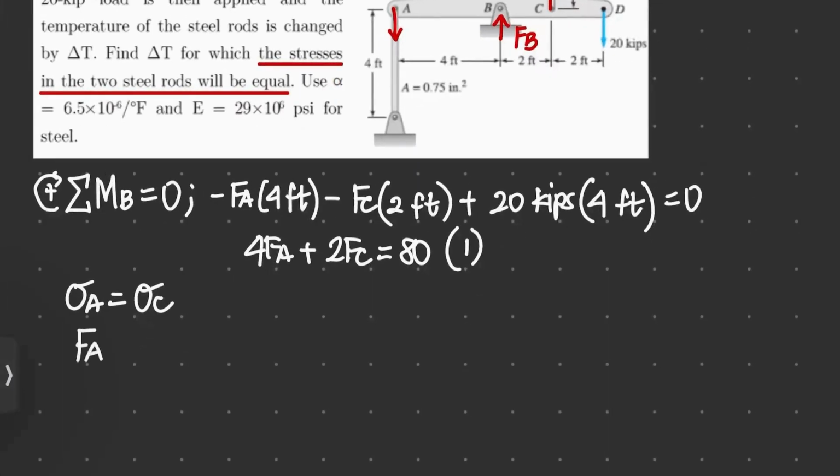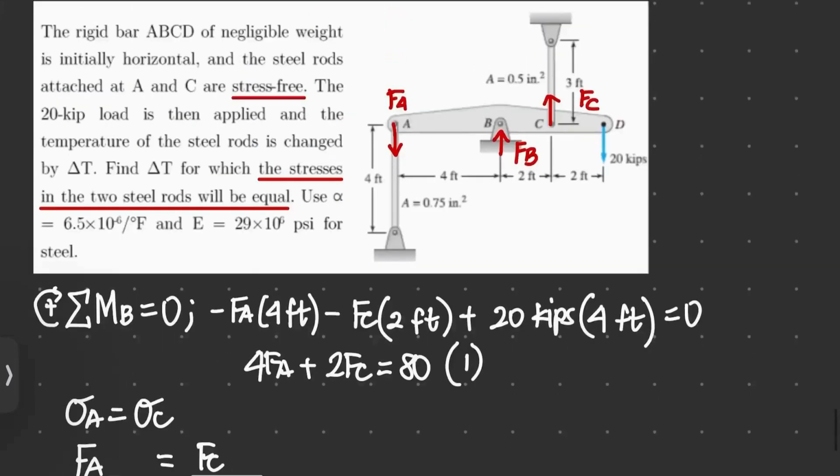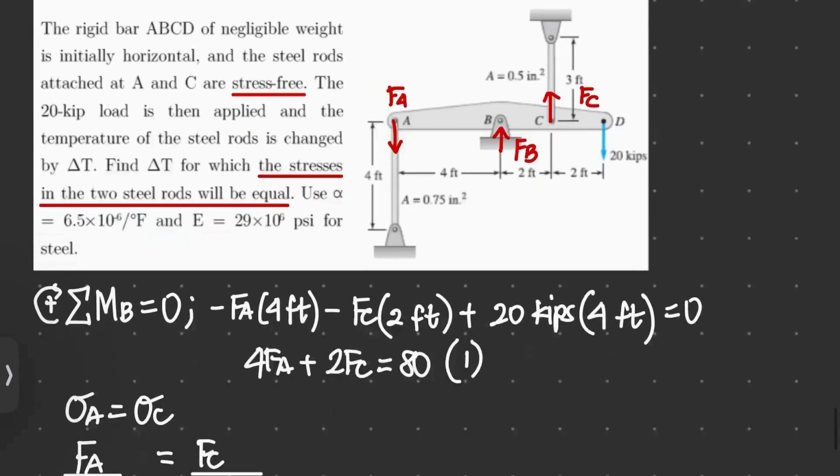The force applied at A over its cross-sectional area, which is 0.75 square inches, must equal the force applied at C over its cross-sectional area of 0.5 square inches.